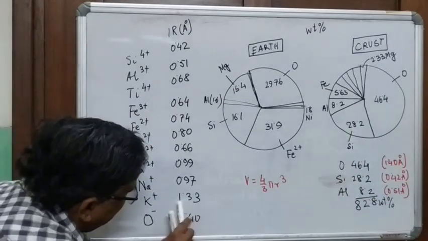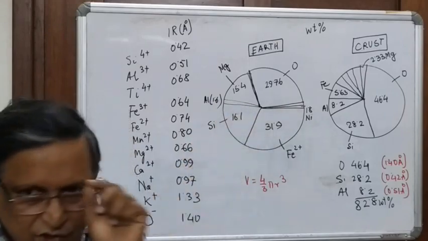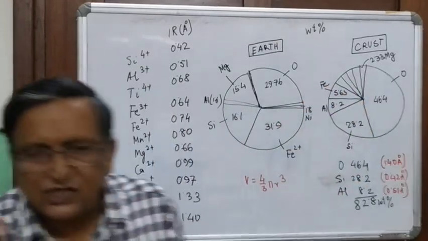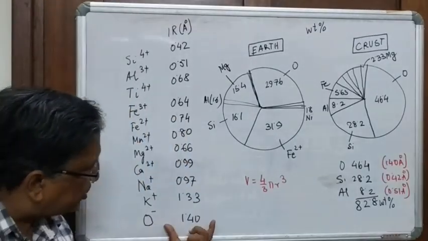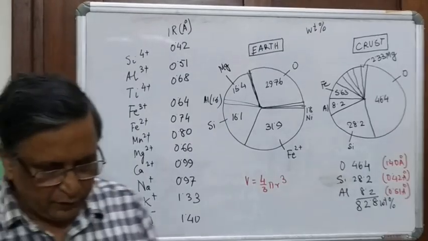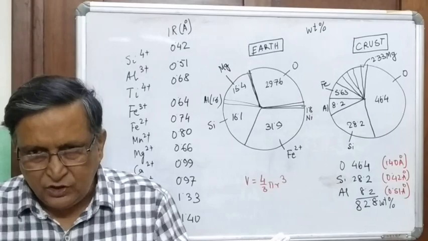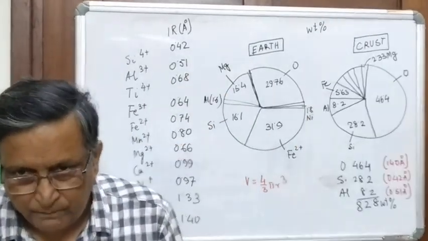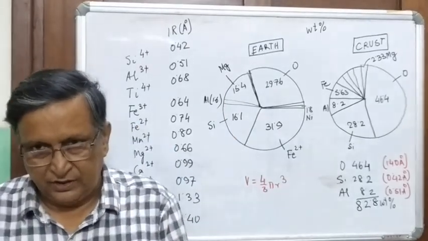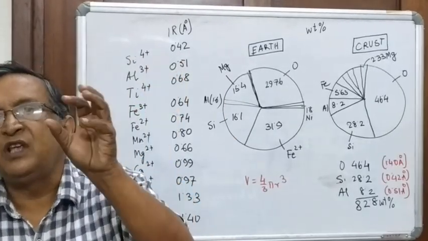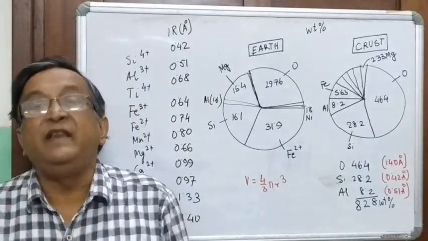The next competing one, close to potassium, comes as a very small bar, with a very small weight percent in the Earth's crust. So essentially, in the crust of the Earth you have oxygen, silicon and aluminium, out of which oxygen is dominant.